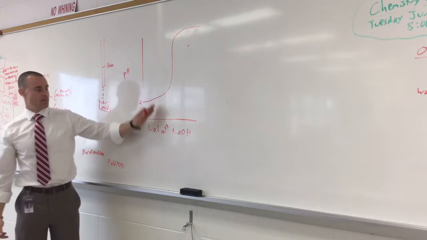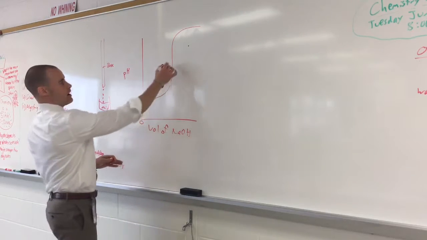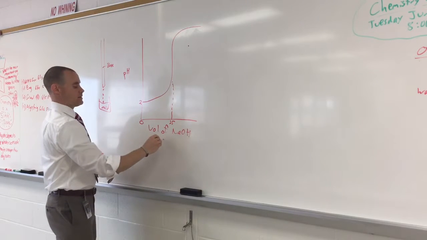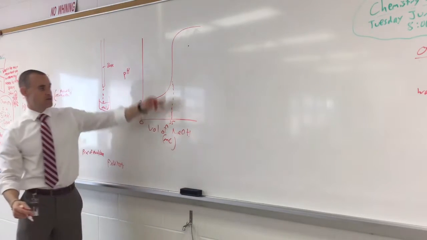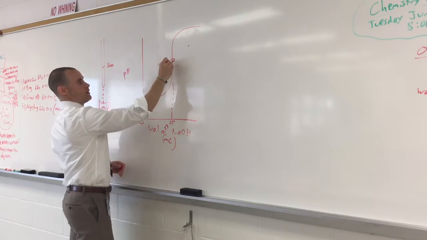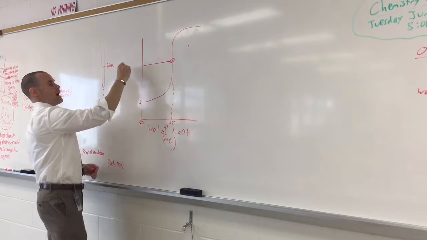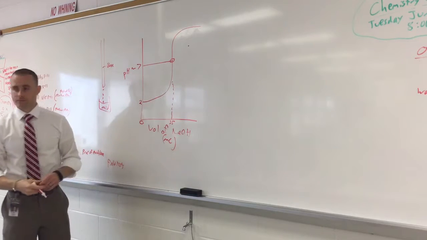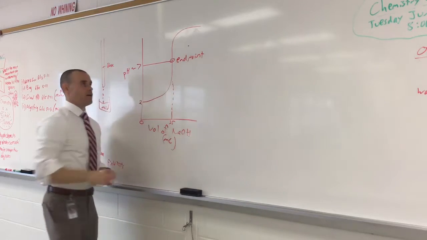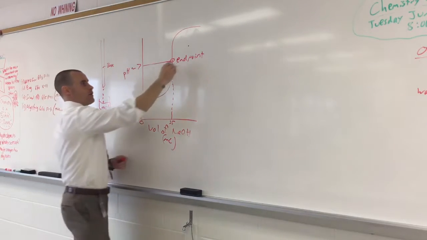As we add base to this, let's say right here at this point, we add 25 milliliters, right where it's vertical. Right here, let's say, that's about 7. That's our endpoint. That's where the light pink color would be for phenolphthalein.